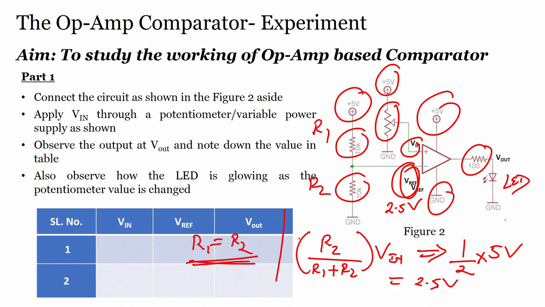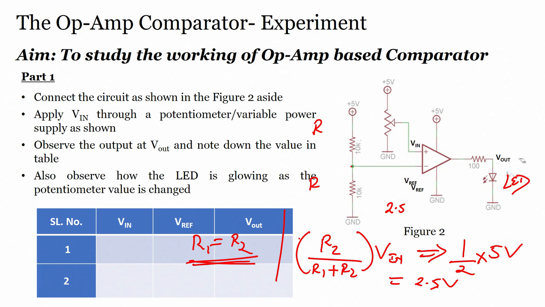Now, what I have to see: if my V in, this is 2.5 volts. If my V in is greater than 2.5 volts, my output LED will glow, alright.